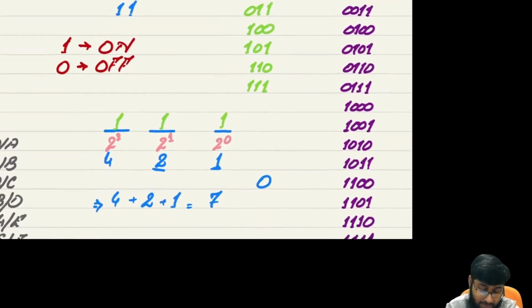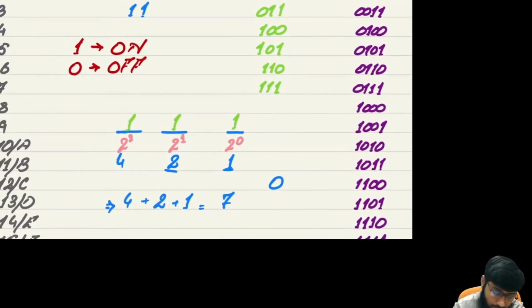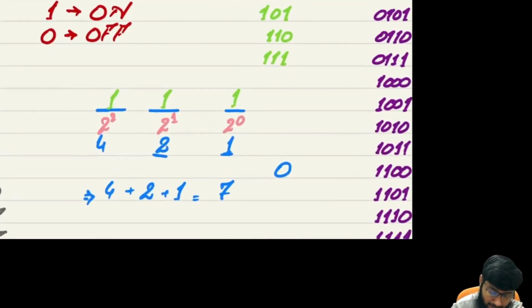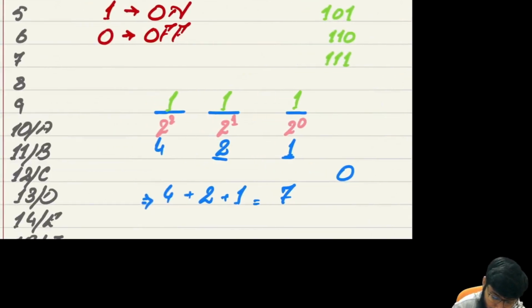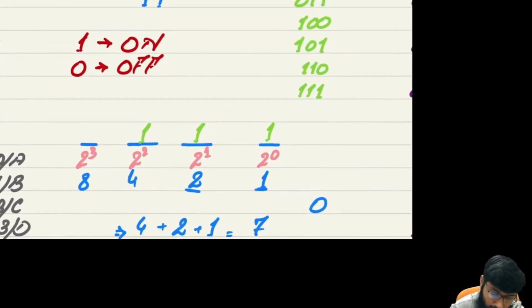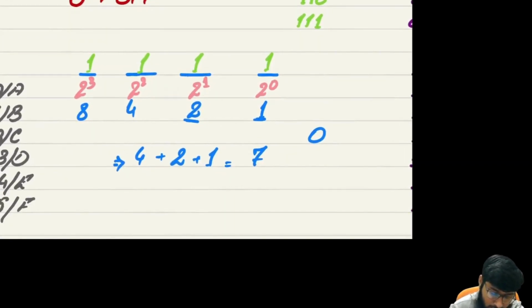Hexa is something where we have 4 bits. So we will be considering the 4th bit as well. Now, on the 4th bit, the value for 2 over here will be 3. That means it's an 8. Now just consider that all 4 of them are on right at the moment.